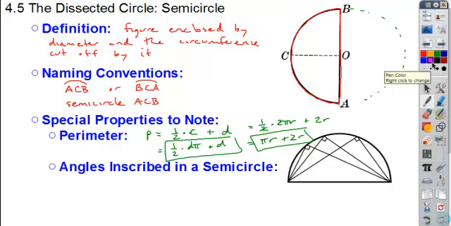Okay, the other special property involving a semicircle has to do with an angle that's inscribed within the semicircle.